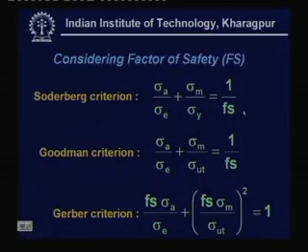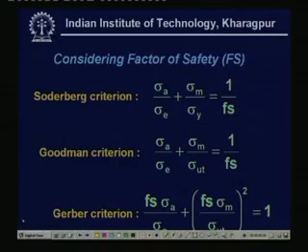In that case the equation changes to sigma A by sigma endurance plus sigma mean by sigma yield point equals 1 by factor of safety. How does it come? It is very simple: the material property is reduced by a factor of safety.